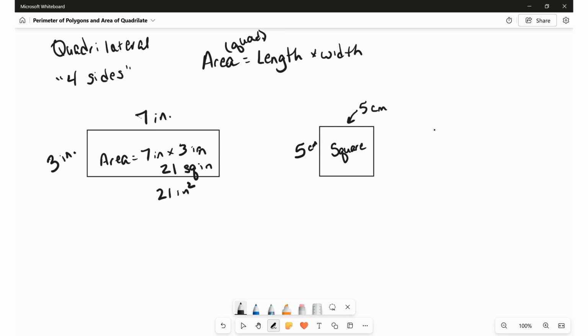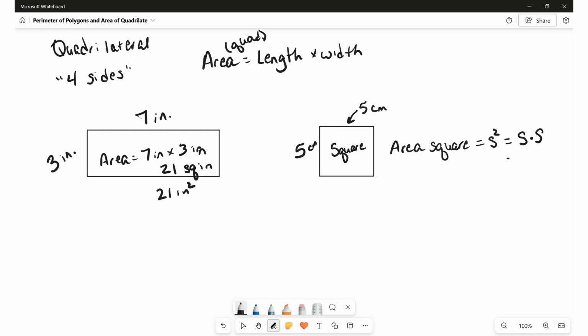Well, remember what we said the area of a quadrilateral is? Length times width. You will see the area of a square with this formula: side squared. Well, if we square something, that's the same as multiplying it by itself.